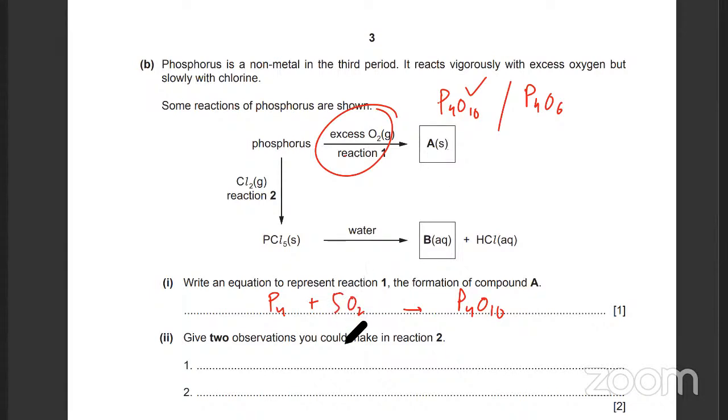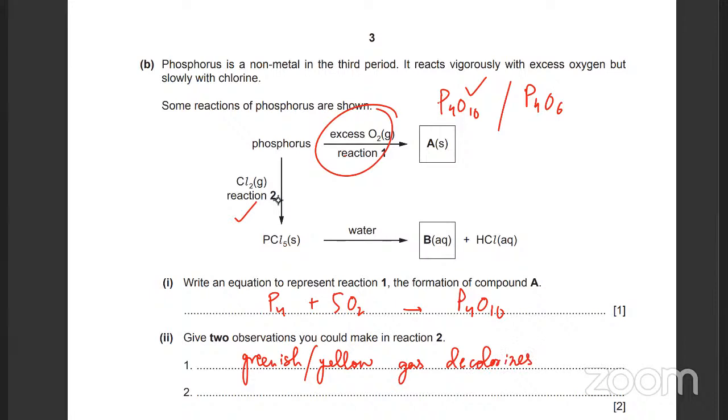Give two observations you could make in reaction number 2. So what are the two observations that would be seen over here? Okay, first thing, if chlorine reacts, what's going to be seen? Greenish. It gets decolorized, greenish yellow gas reacts or gets used up, so it decolorizes.